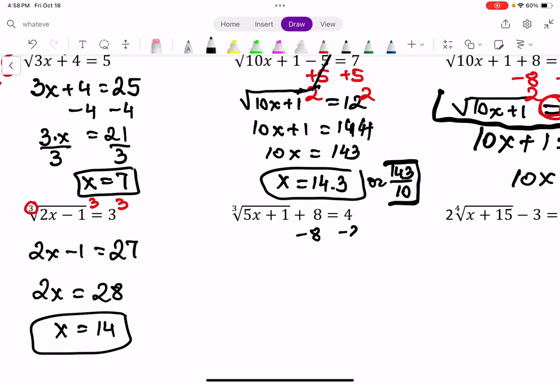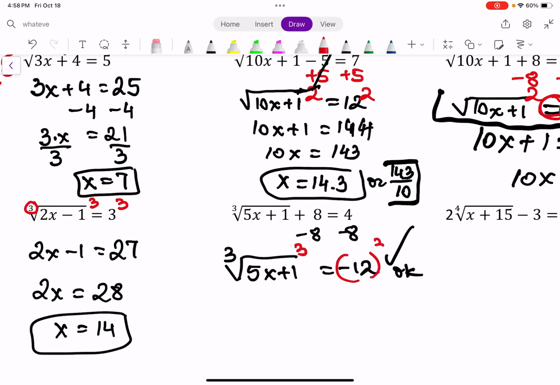First, isolate the radical. And remember, it's totally okay to have negative numbers equaling odd roots. You can have negative numbers inside odd roots, and they can therefore equal negative numbers. So even once you check your answer, that's fine. Go ahead and check your answer. You'll see it works every time.